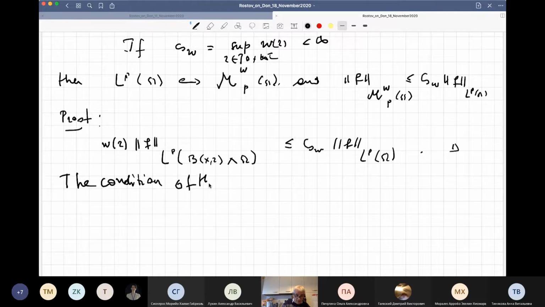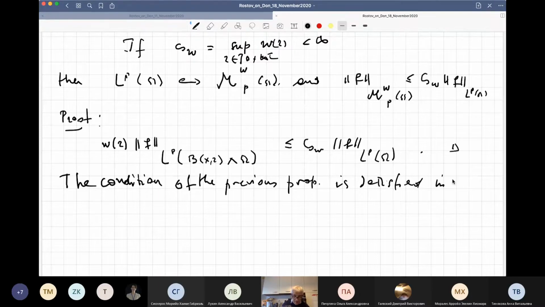The previous proposition is satisfied, for example, in the not very interesting cases.